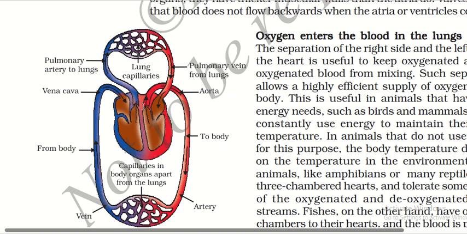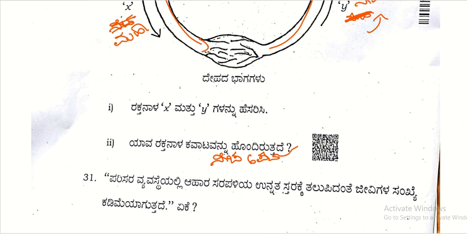Students, this is the schematic diagram in your textbook, but observe here: the blood goes from other parts of the body to the heart on the left side, and the blood from the heart to the other parts goes the other way. But in your question paper, they have given it reversed. I will show you the question paper diagram.